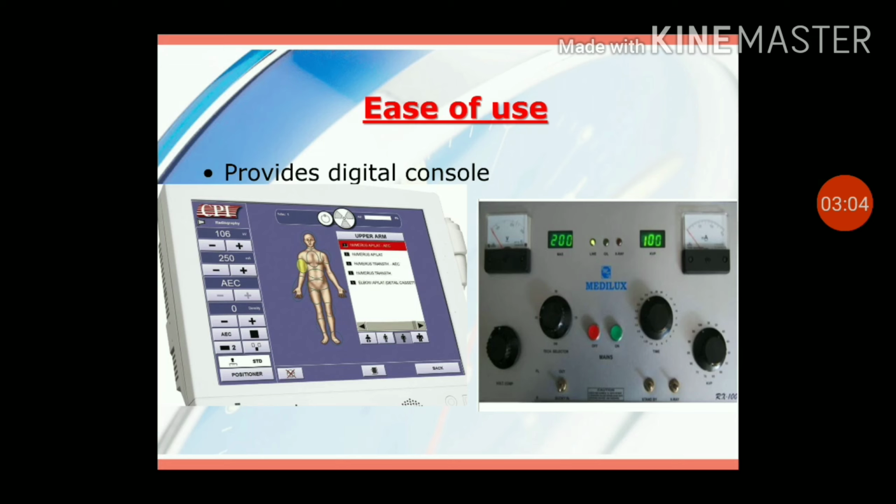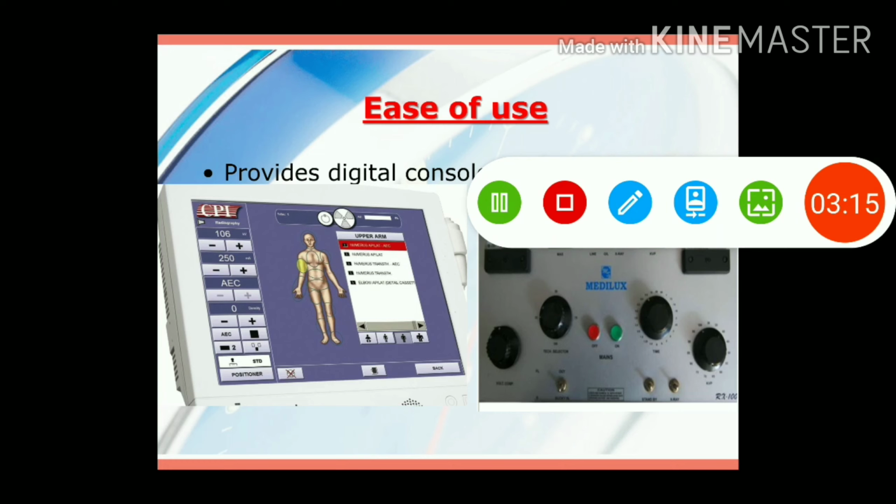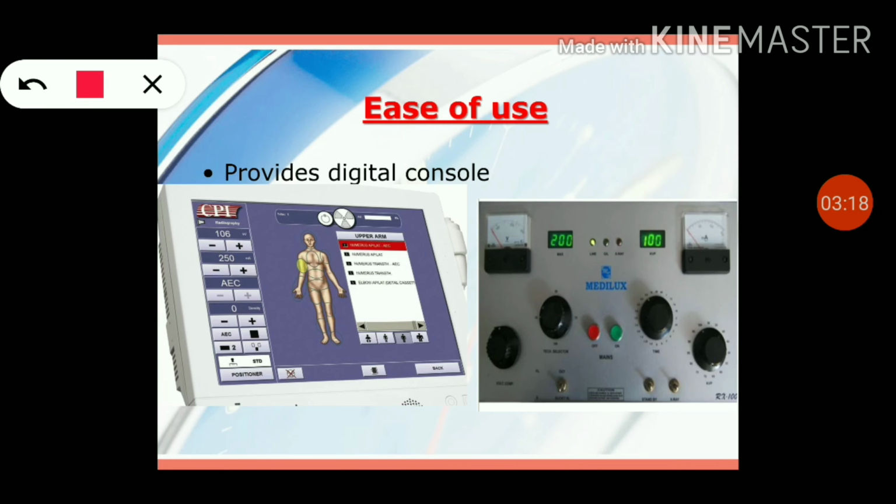Ease of use. High frequency generators nowadays provide a digital operator's console. In this we can choose the exam type, for example AP lumbar or AP chest from a list of options. Then enter the thickness of the patient in centimeters and press the exposure button.